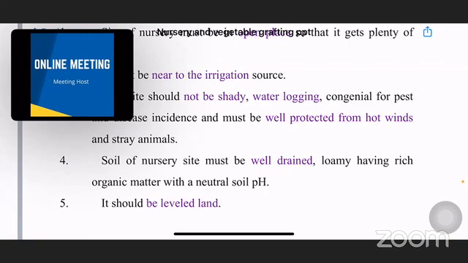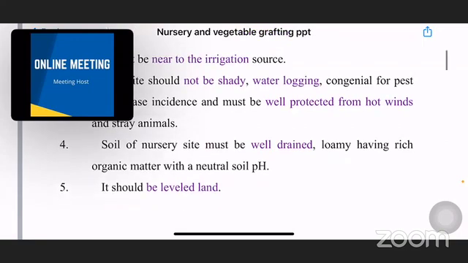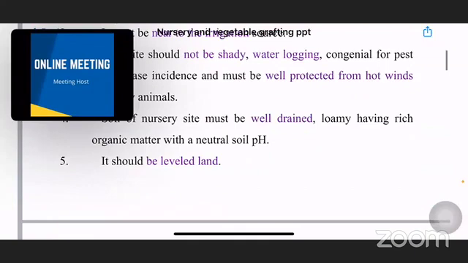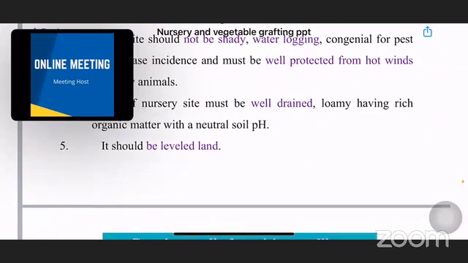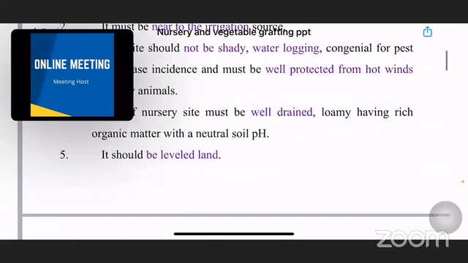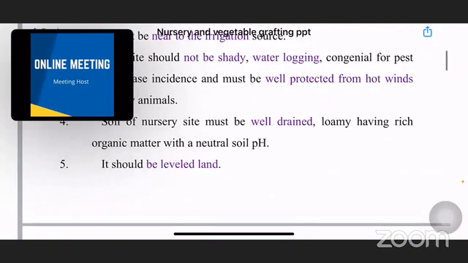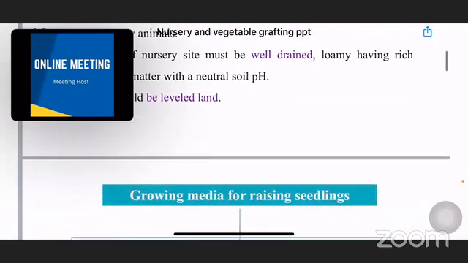Only some, like watermelon, are suitable for saline conditions. The nursery should also be on level land, not ups and downs, because the beds or trays should be placed on level ground. These are the criteria for laying out the nursery.